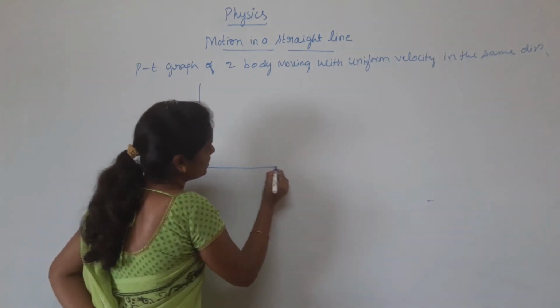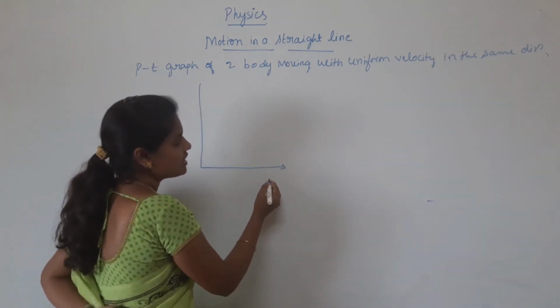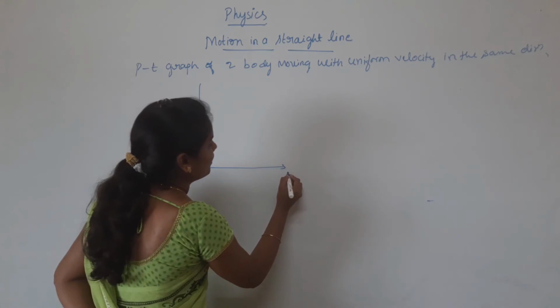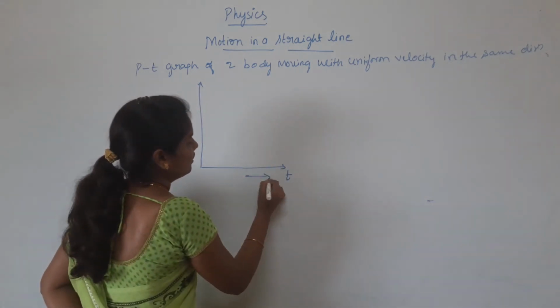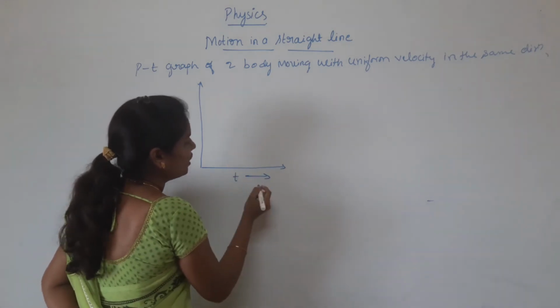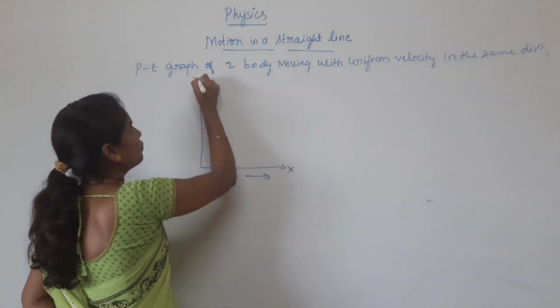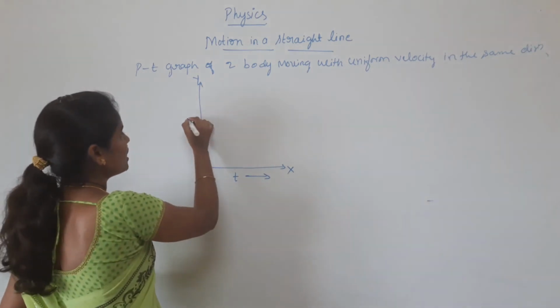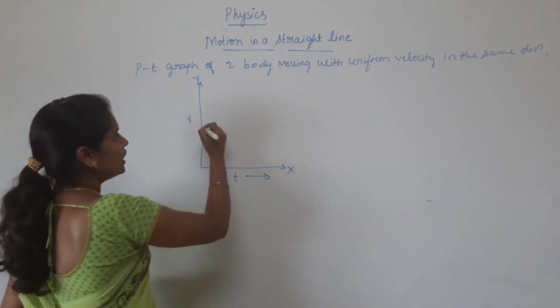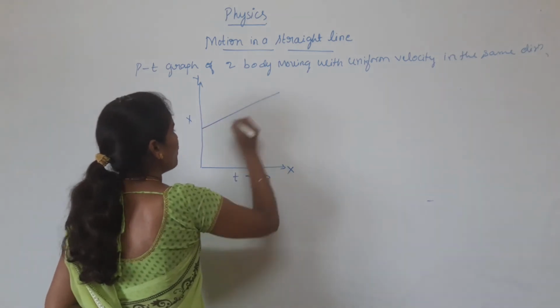Time t is taken along the x-axis, and along the y-axis we take position. So the graph obtained is like this.